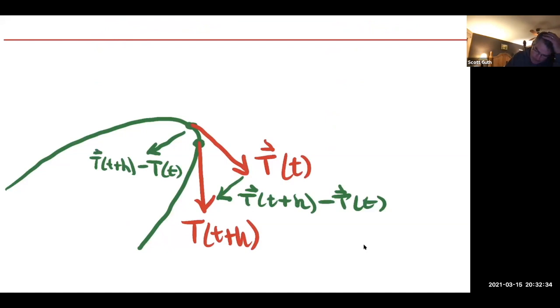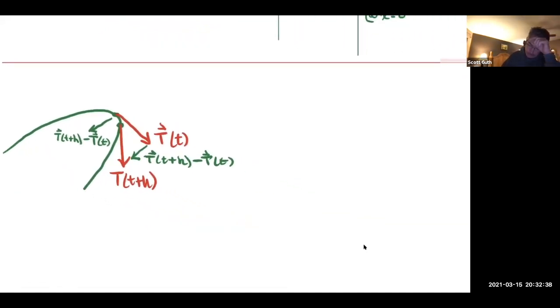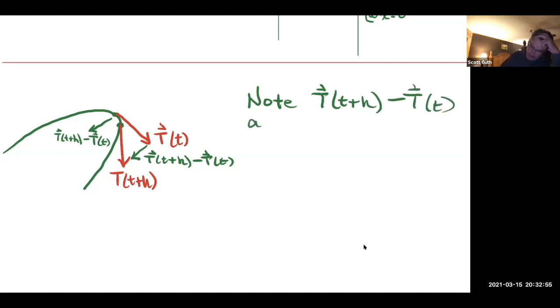What you need to get from that picture is that it always points into the turn. So note that T of t plus h minus T of t always points into the turn.